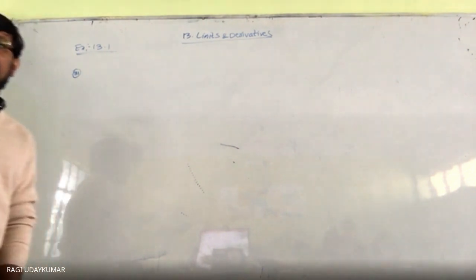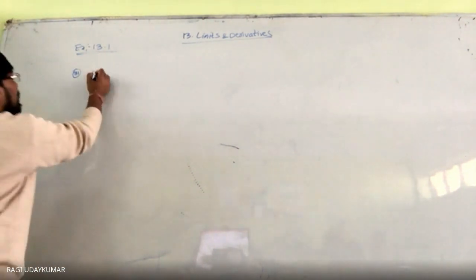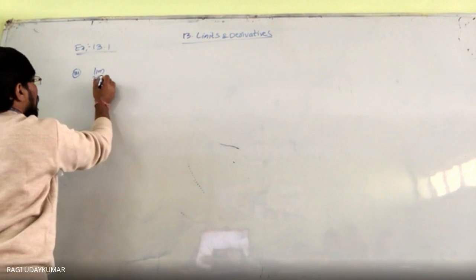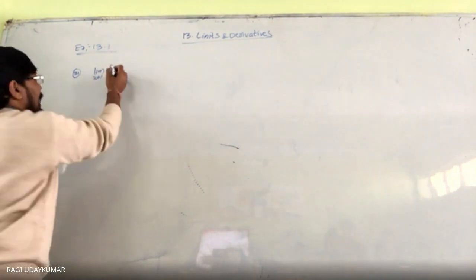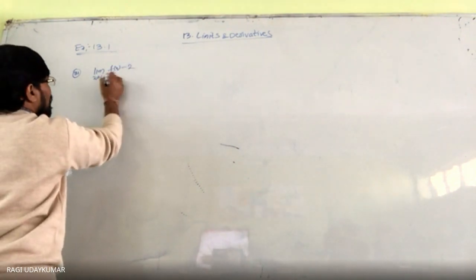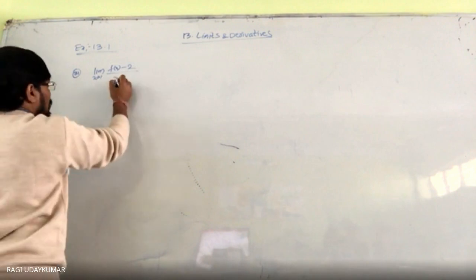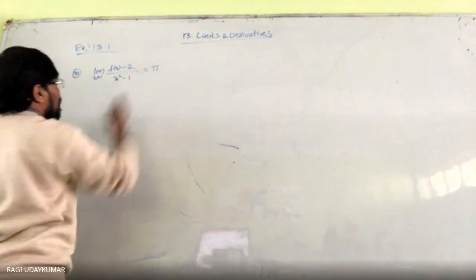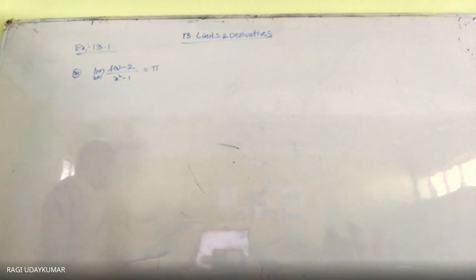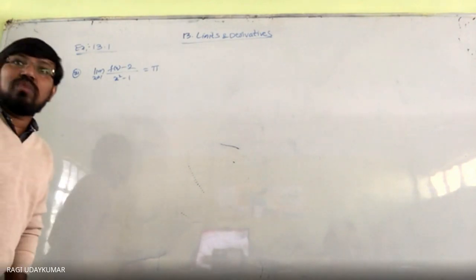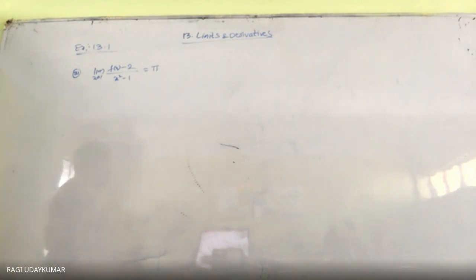The function f of x satisfies that limit x tends to 1 of (f of x minus 2) by (x square minus 1) equals 1. Evaluate limit x tends to 1 of f of x.